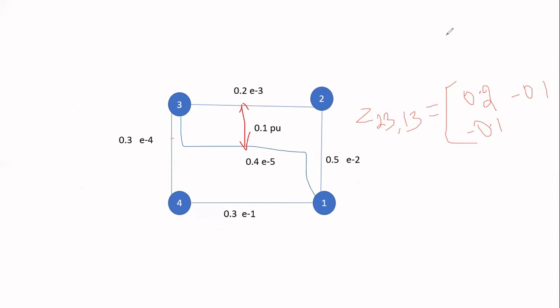Substitute. ZL1 is equal to 0.3 plus Z11. Okay, this is the Z11 value, that is also 0.3, plus Y3132.